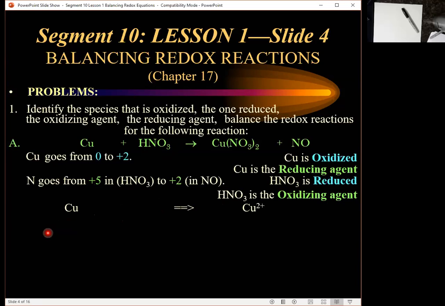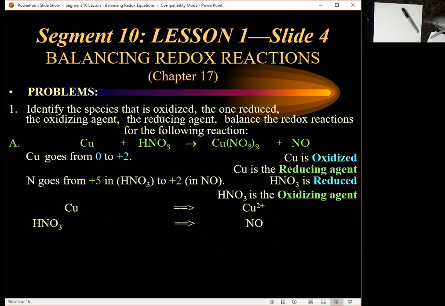Okay, now we want to separate these into their half reactions. I've got copper going to copper +2. I've got nitric acid going to NO. Remember what I said, we're going to pick out the one species on the left that's oxidized and the one species on the left that's reduced, and we're going to pair those things together.